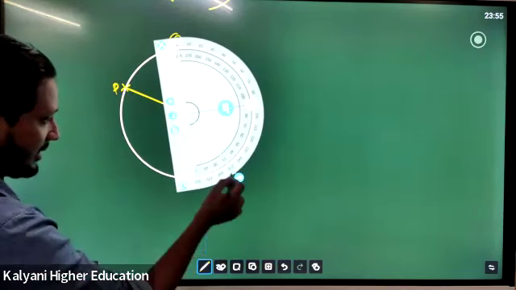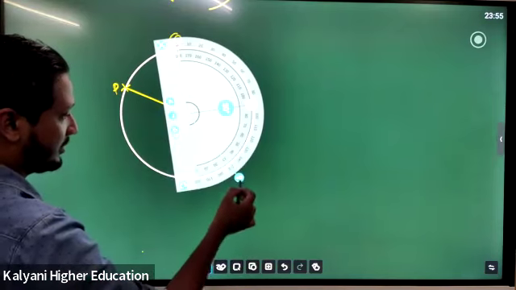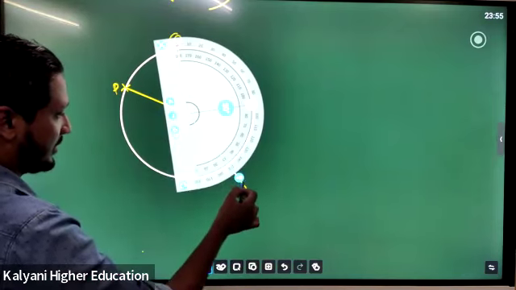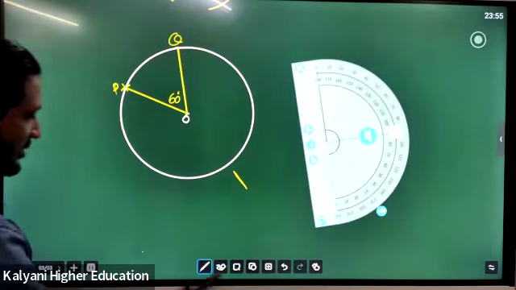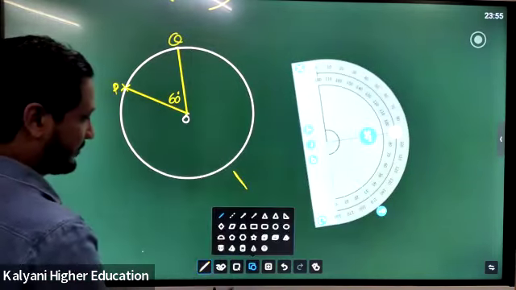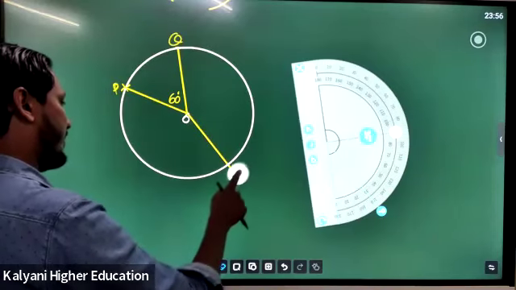So if I mark here with yellow color, when I join these 2 points, it gives us QOR equals 150 degrees.